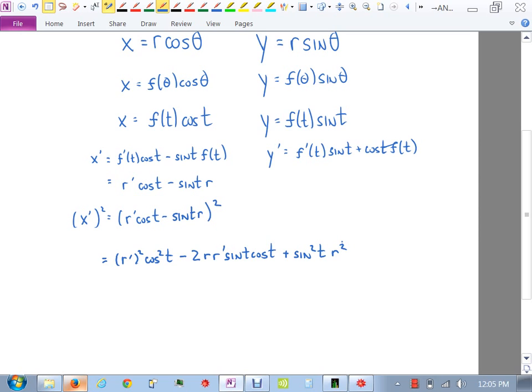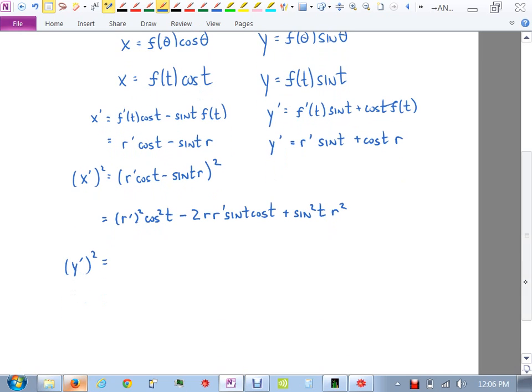That's what you would get if you squared that. What about y prime? Y prime was r prime sine t plus cosine t r. If I square that, I would get kind of the same story. It's r prime squared sine squared t plus 2 r prime sine t cosine t r plus cosine squared t r squared.